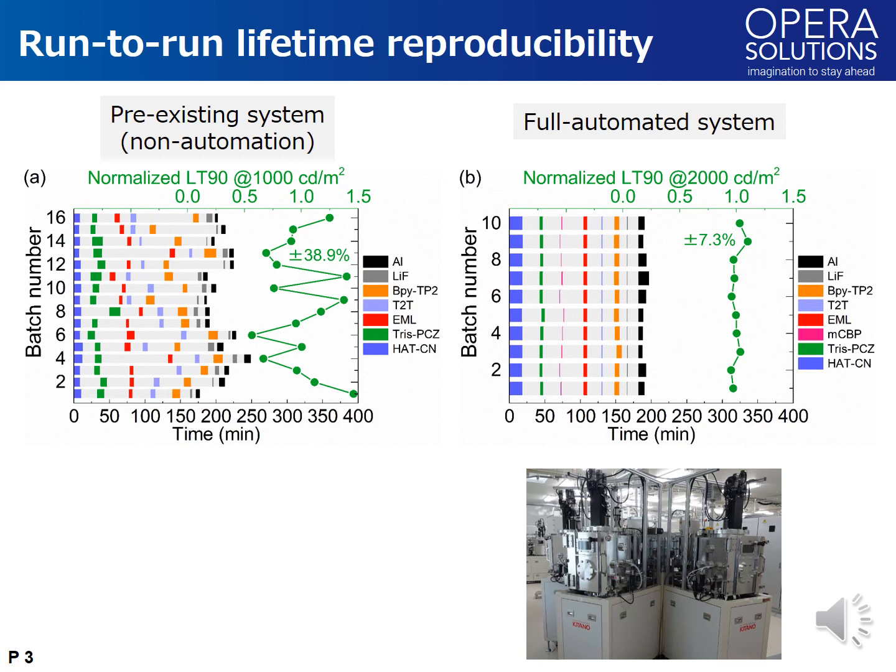Unfortunately, the conventional VT without automation is subject to a large fluctuation in the OLED lifetime because the fabrication time varies day by day. In such a situation, the credibility of the lifetime data is questionable if you want to evaluate the superiority of your product.